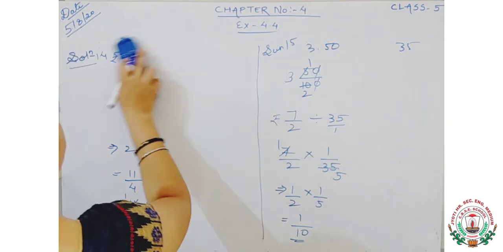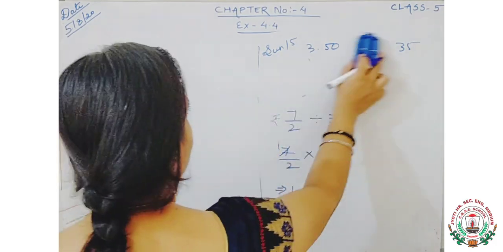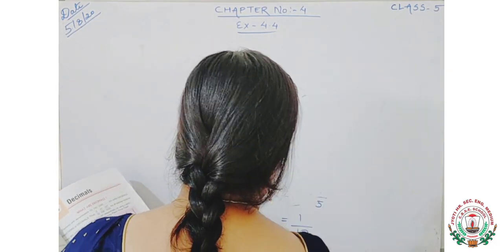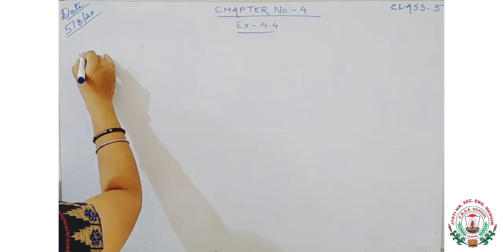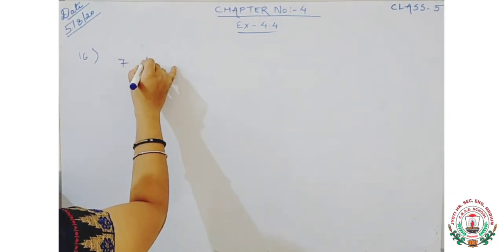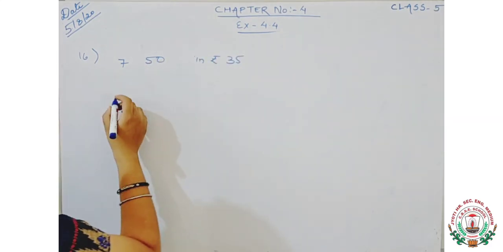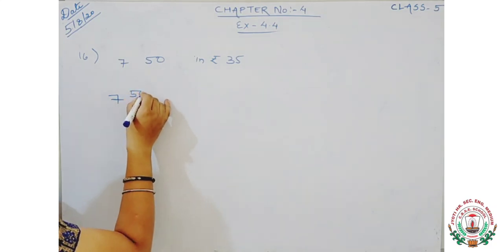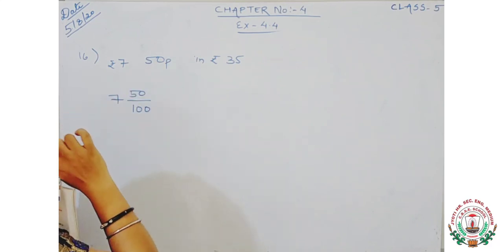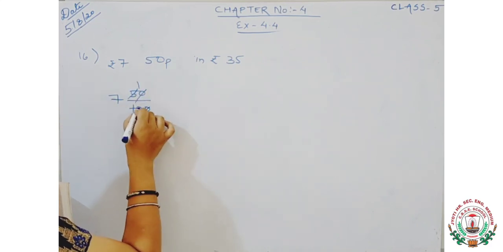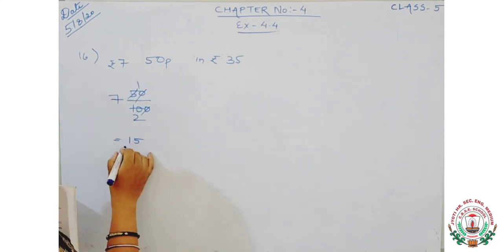Now number 16. Number 16 is 7 rupees 50 paise in fraction of rupees 35. So first we will convert this: 750 upon 100, rupees 7 and 50 paise. 0 0, 5 ones are 5, 5 twos are 10. 2 sevens are 14, 14 plus 1 is 15 upon 2.